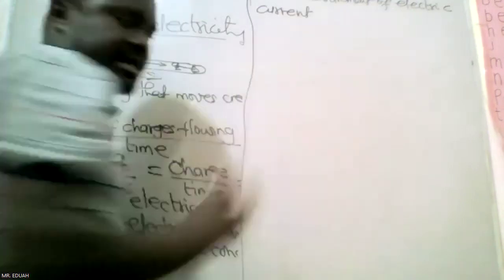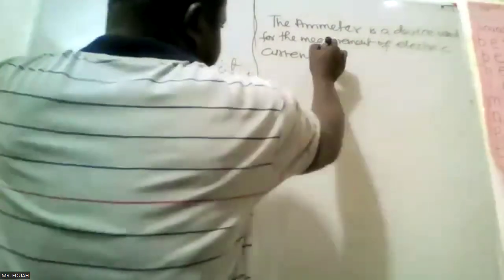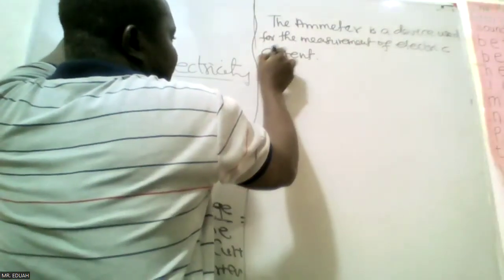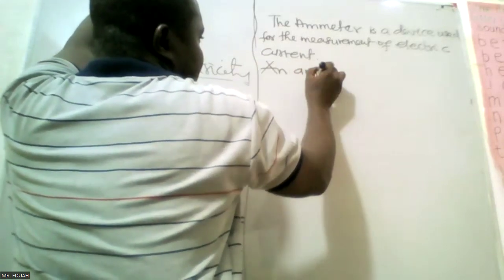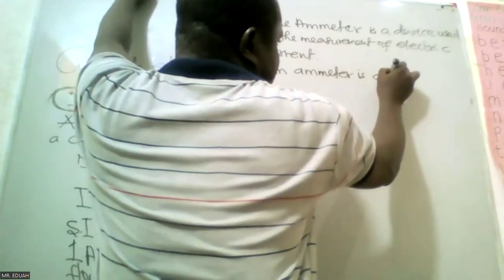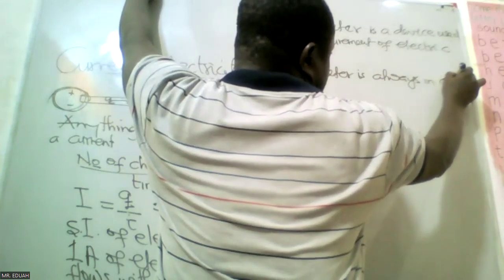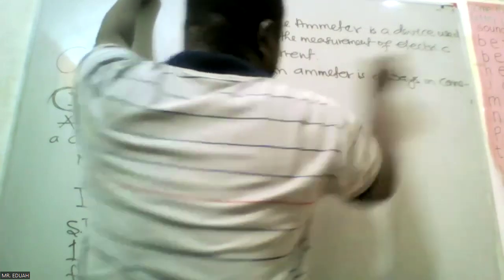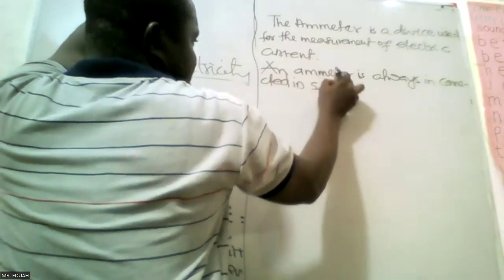In a circuit, an ammeter is always connected in series.